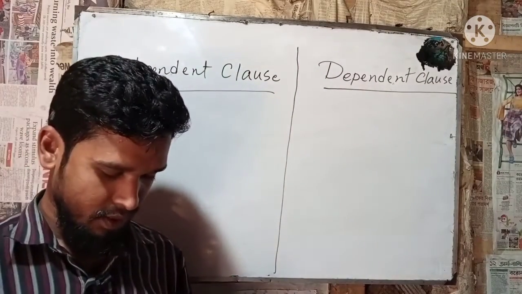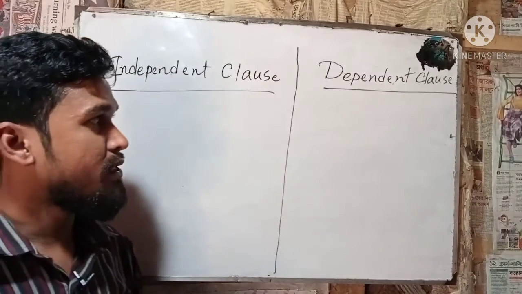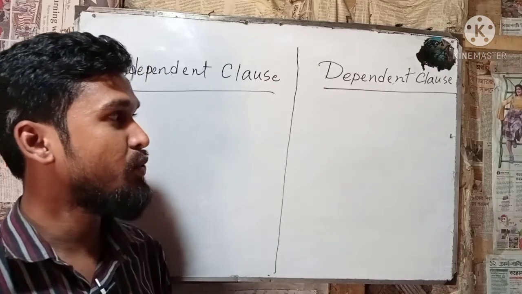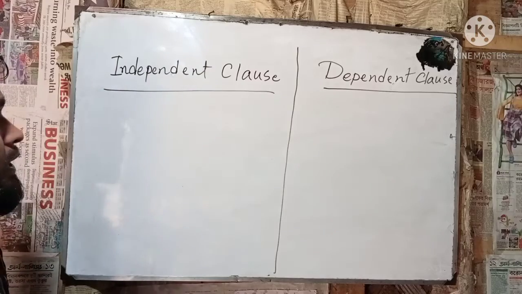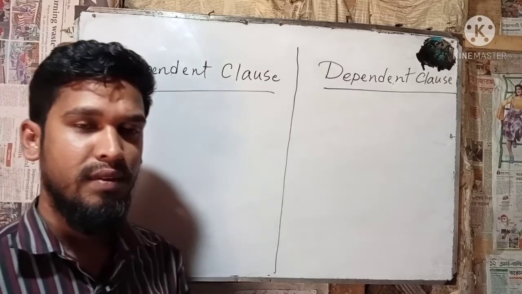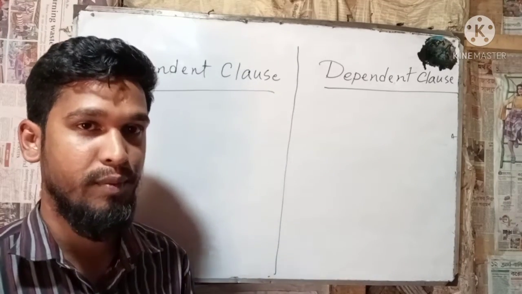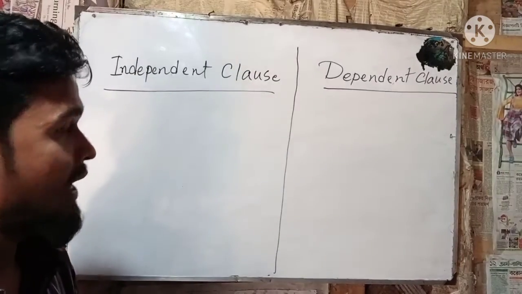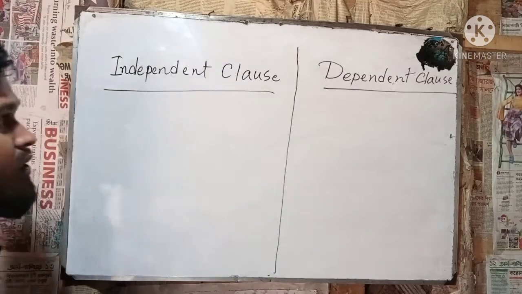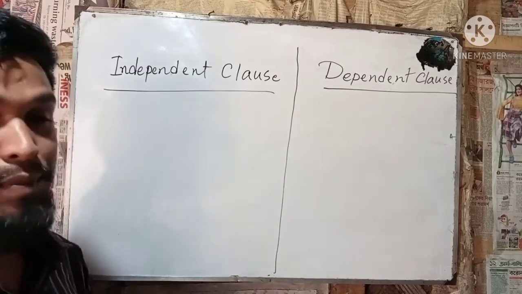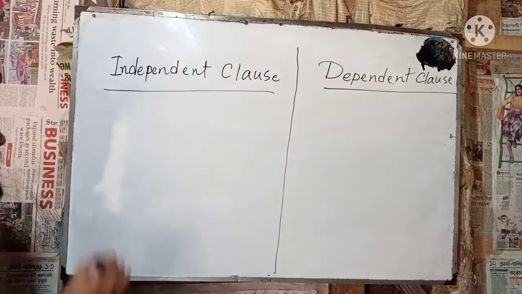Sometimes most of the students combine the dependent clause and independent clause because they don't understand them. We can say an independent clause is a group of words that contains a subject and a verb, and it makes sense on its own as a sentence. So it can be a sentence. Now I'm writing the definition of independent clause.